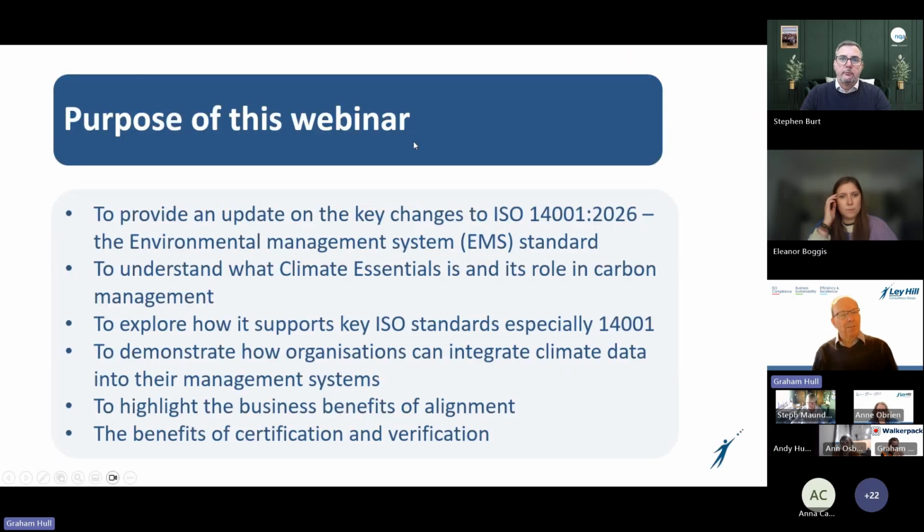I will actually just remind myself and you of the rest of what we're going to cover here today. As I said, it's the key changes, but I will introduce Ellie from Climate Essentials in a moment and talk about their role in carbon management.